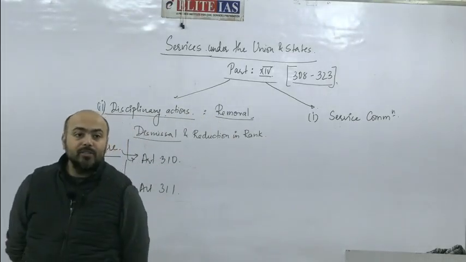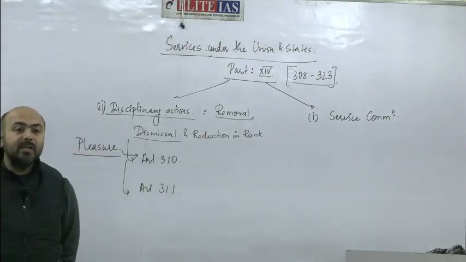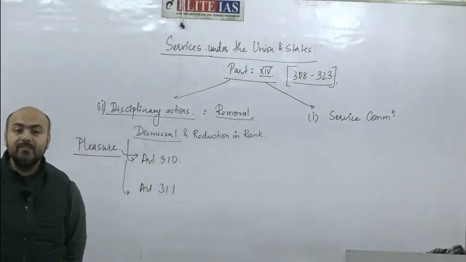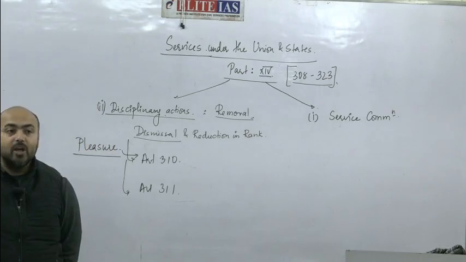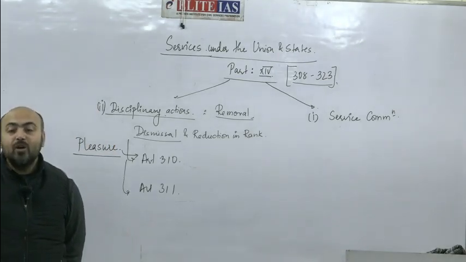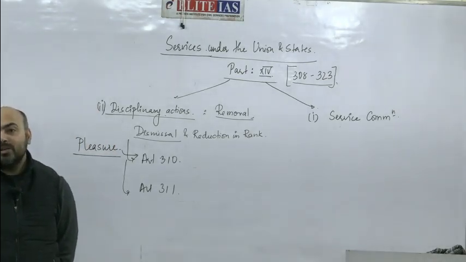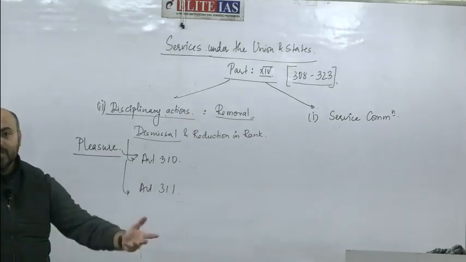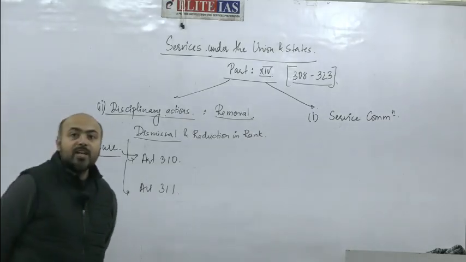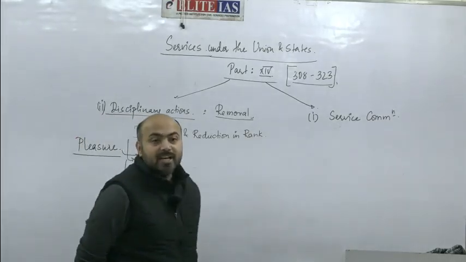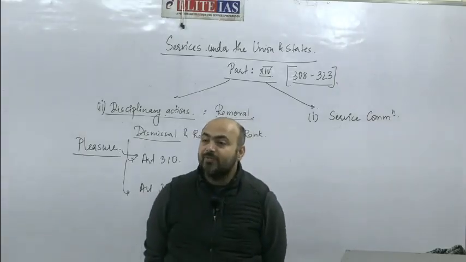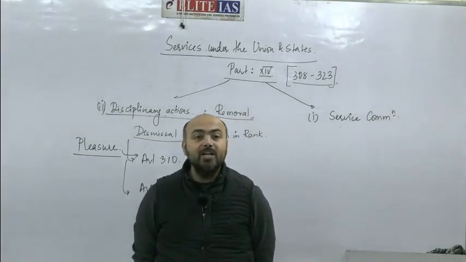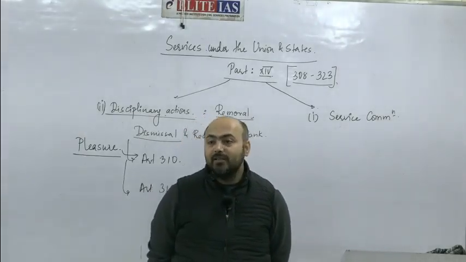Why? Because specifically when we talk about central services or all India services, only the president has the right to remove. The president has appointed them, so only the president enjoys the right to remove that particular individual from service. It gives undue protection to the civil servant.